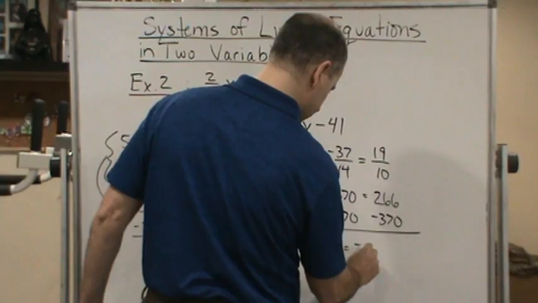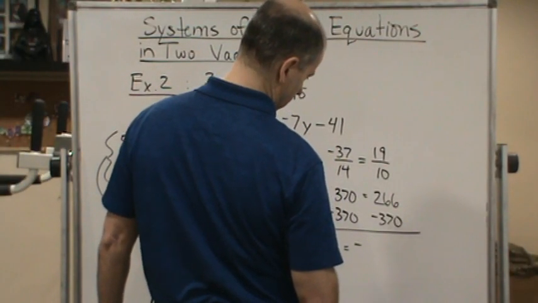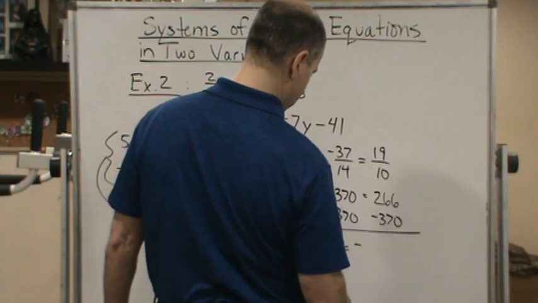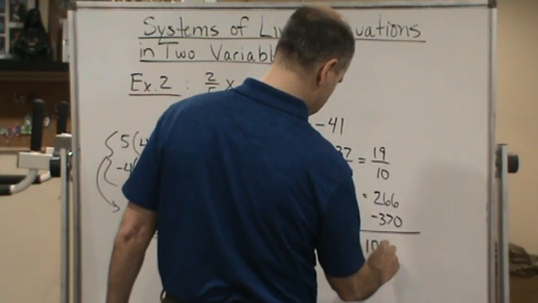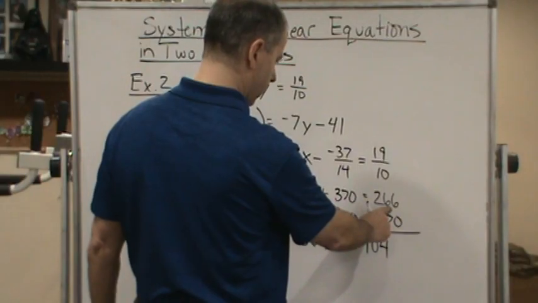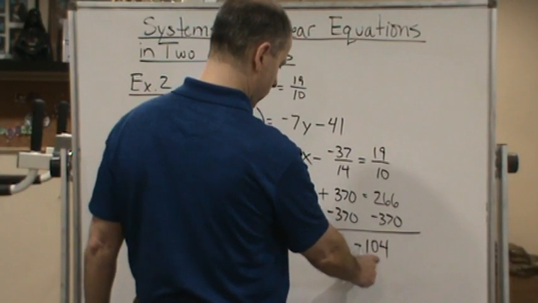And we get 56x is equal to negative 104, I believe. Hold on. So 34 and 70 is 104, yeah.